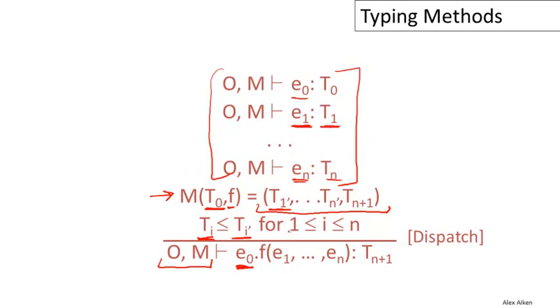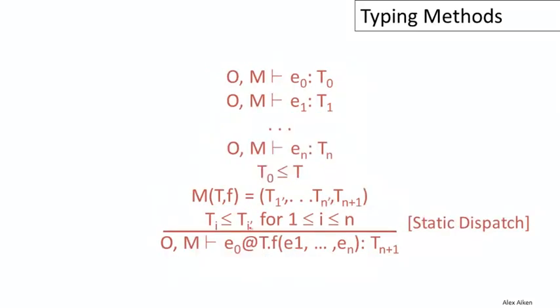And if all of that checks out, if f has a signature like this and all these subtype requirements on the actual and formal arguments are met, then we say that the entire dispatch expression returns something of type Tn+1, the return type of the method.